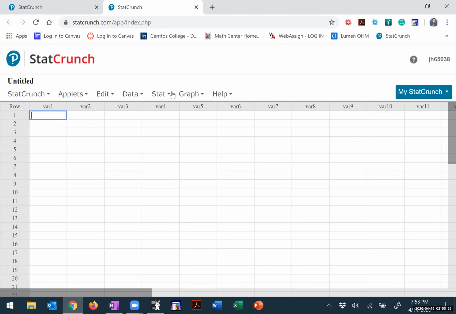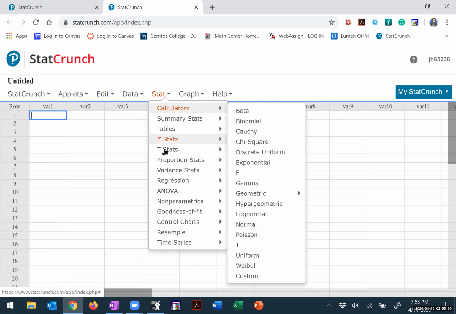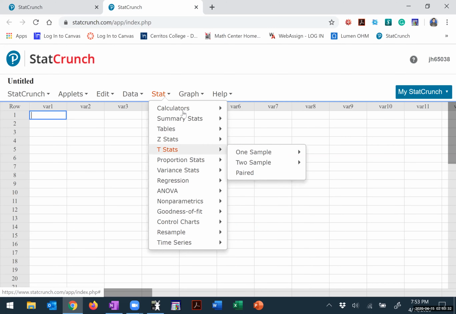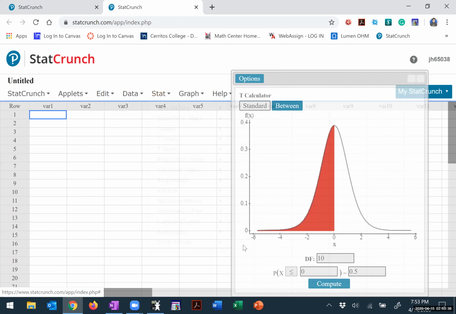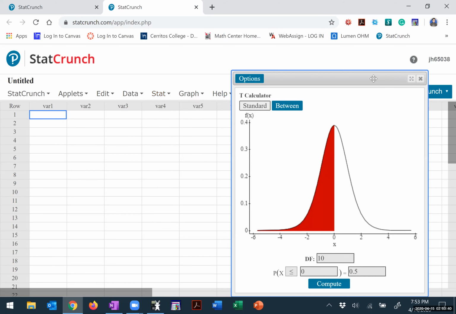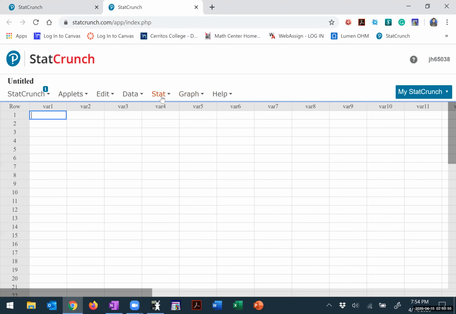Okay, so we're gonna go to calculators, right? Or t-stats? No, that's hypothesis test. Calculators, and we're gonna go down here to T, for a T distribution. Now, what do we want? No, we don't want T distribution. We want a confidence interval. Where is that one?